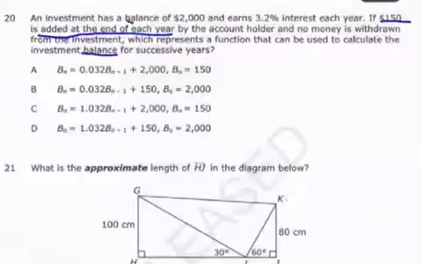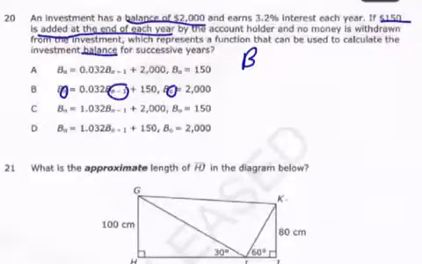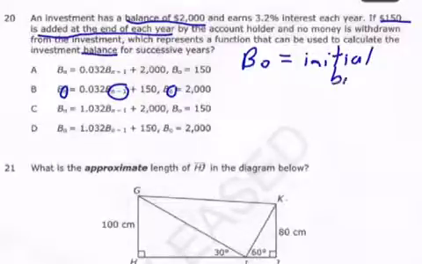So what is our beginning balance? Our beginning balance, if you look here at these numbers, what they mean is the B of 0 is just the initial year, or the initial balance. So very much like your y-intercept.